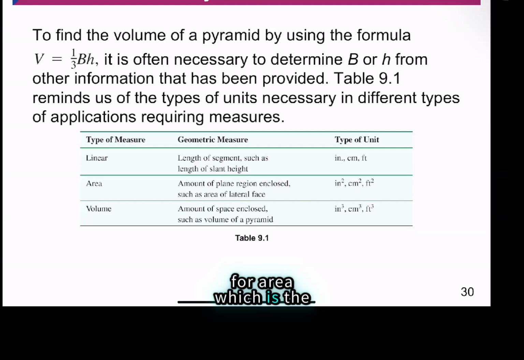For area, which is the amount of plane region enclosed, such as the area of a lateral face, it should be in square inches, square centimeters, and square feet. While for volume, the amount of space enclosed, such as the volume of a pyramid, the unit would be cubic inches, cubic centimeters, and cubic feet.